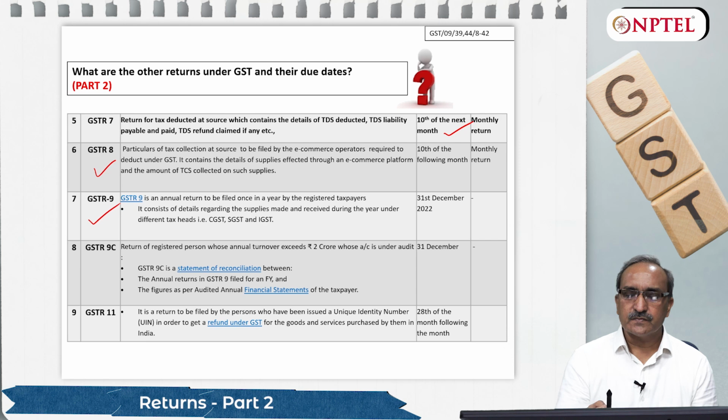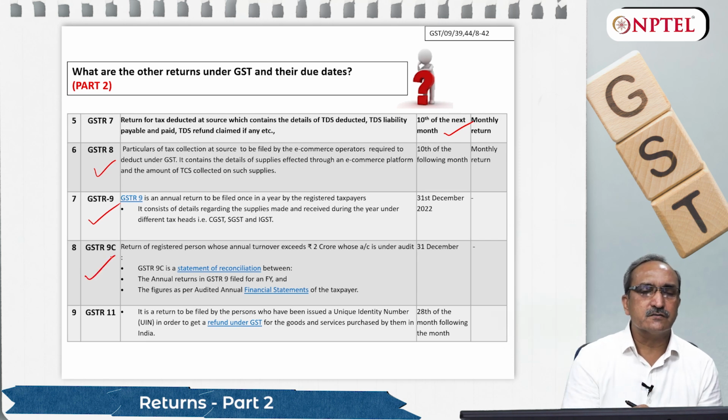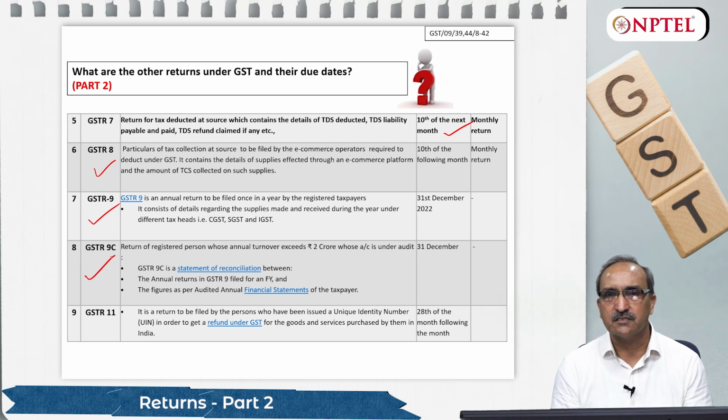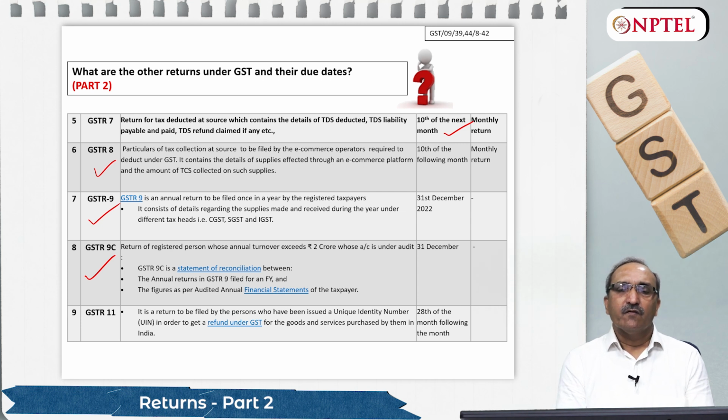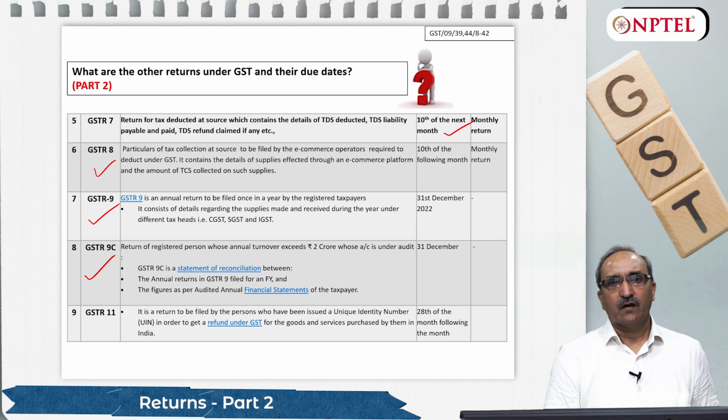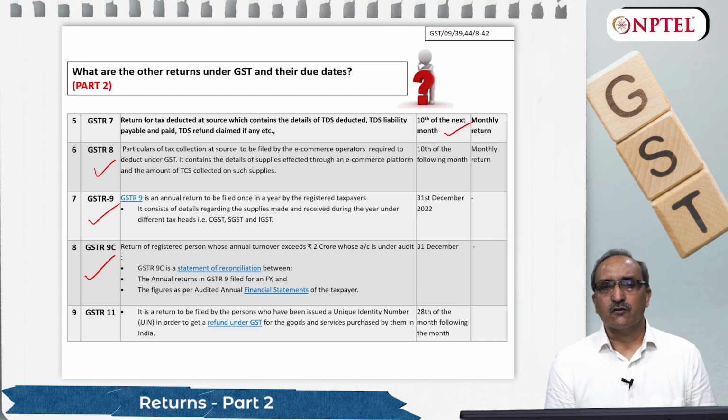Then friends, there is another statement or return, that is GSTR 9C. Friends, when we are maintaining our books of accounts in the corporate sector or otherwise, we are maintaining these records as per accounting standards adopted in the country.